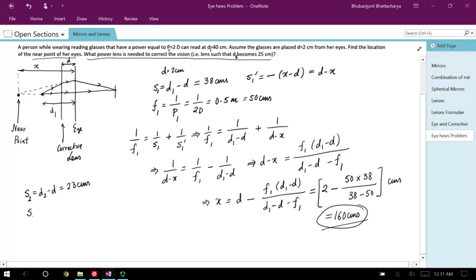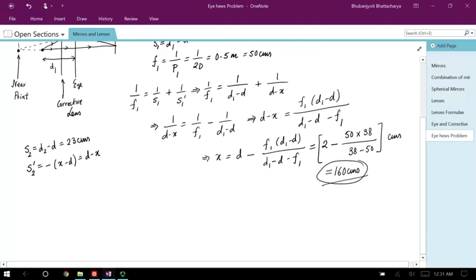And s2 prime, this is where we want the image to be formed. So s2 prime is just the same as s1 prime was over here. So that's still negative x minus d, which is equal to d minus x.